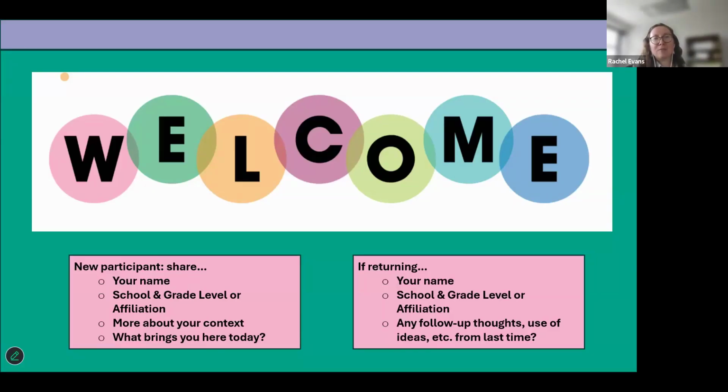So if we do post it on the website, we'll make sure any personal details are taken out. For those of you that are new today, we've sent out resource packages, little emails, after the first and second session, so you can have the PowerPoint and any resources that we included there. We'll make sure you get those too.